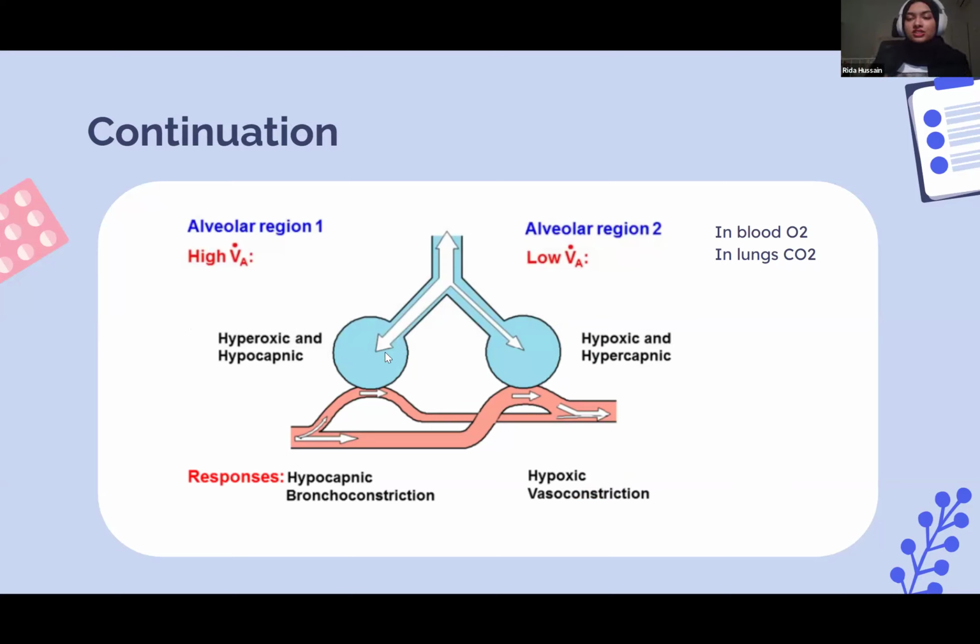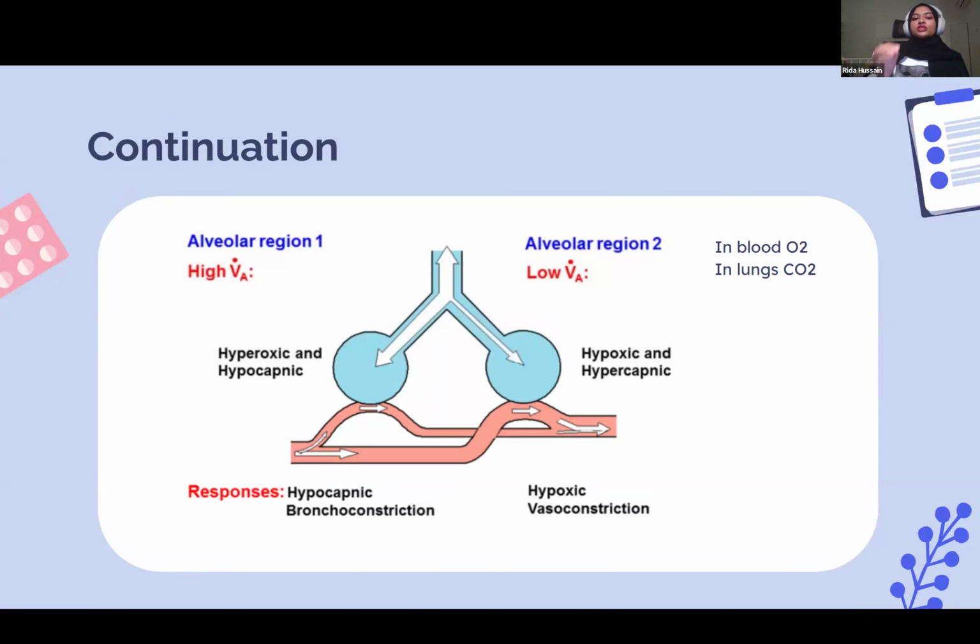So the alveolus senses that there's a lot of ventilation in it, because there is very little carbon dioxide. So it causes bronchoconstriction so that air is directed towards areas that have lesser ventilation. So it's like a compensatory mechanism. Does that make sense? Should I move on?